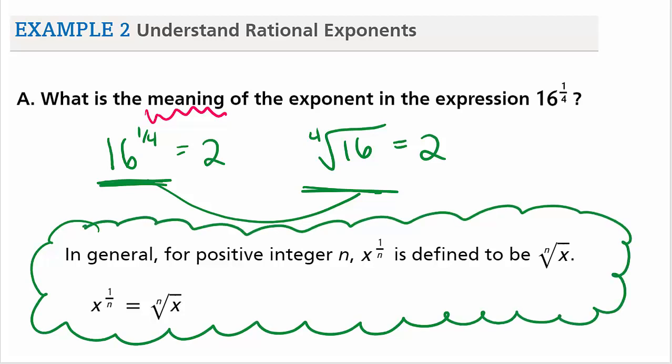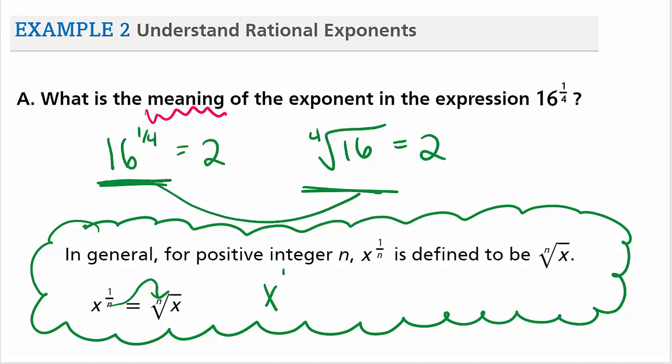So here's our relationship. In general, for positive integers n, x raised to the 1/n is defined to be the nth root of x. So that means that if we have a base of x, and on the left-hand side, the denominator of the fraction of the exponent is n, then that denominator will always match the nth root, whatever the root is.